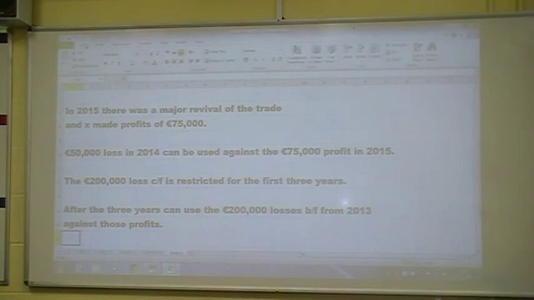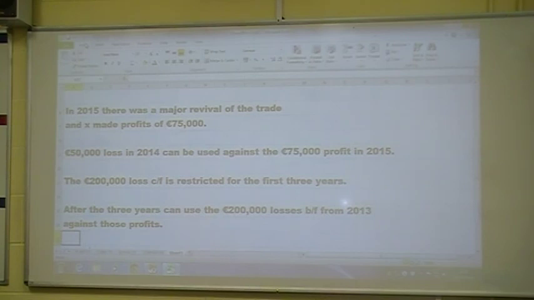Excess case 5 capital allowances, and we're talking about industrial buildings. So set against total profits of the same accounting period, set against total profits for the immediately preceding period of the same length, and carry forward against future case 5 income.